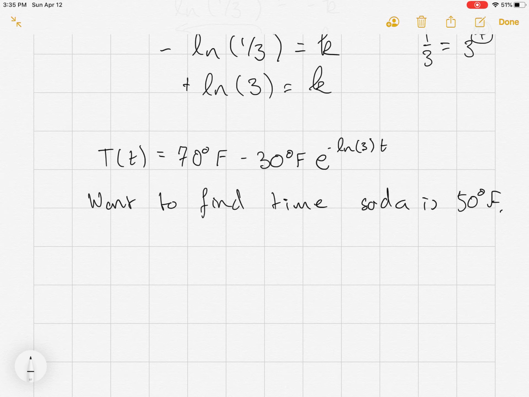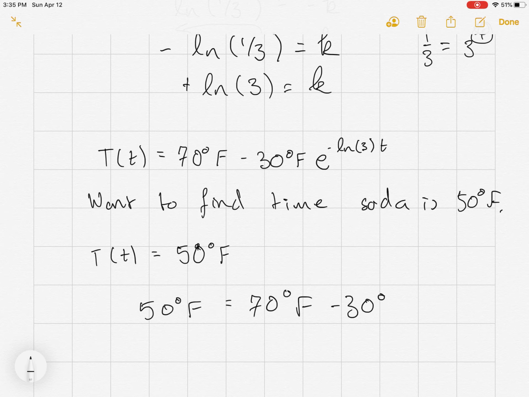So we want to find the t value such that T of t is equal to 50 degrees Fahrenheit, right? So we take 50 degrees Fahrenheit, set that equal to our 70 degrees Fahrenheit, we subtract the 30 degrees, we multiply by e to the power of the negative natural log of 3 times t, right?